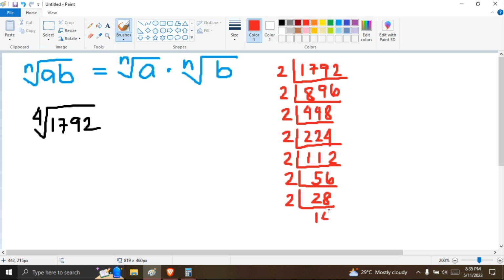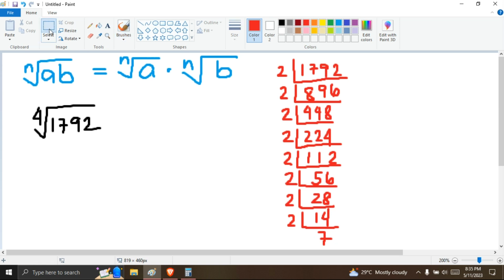Then ang 14 i-divide na po siya sa 2. So that is 7. Diba? So gikan sa 1792, nahimo siyang 7 sa bottom. So that is how continuous division works.